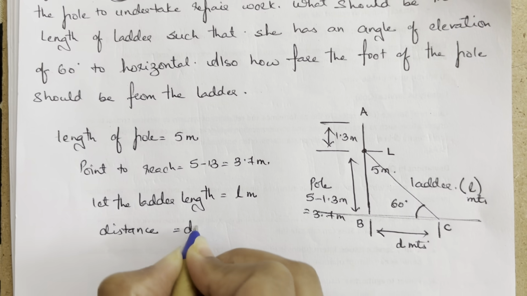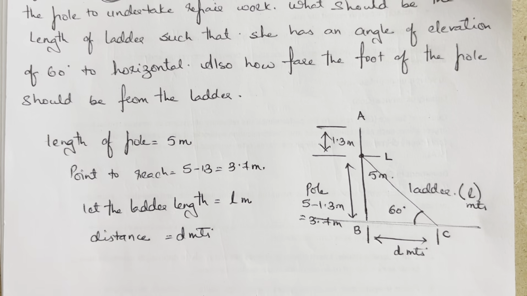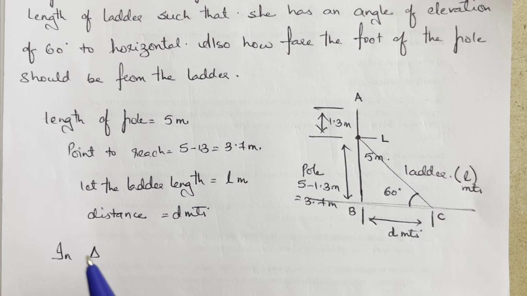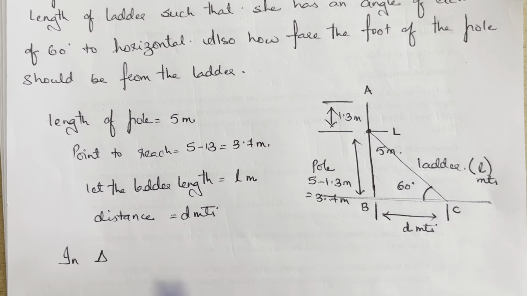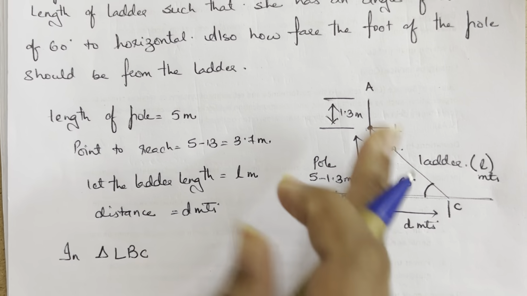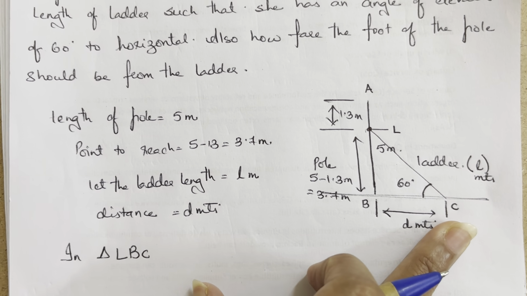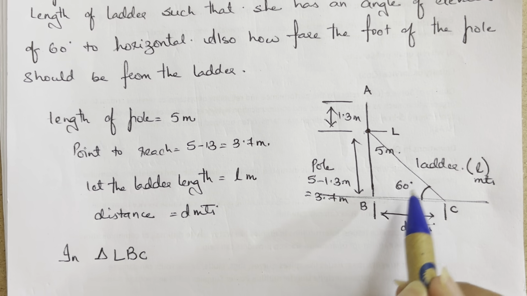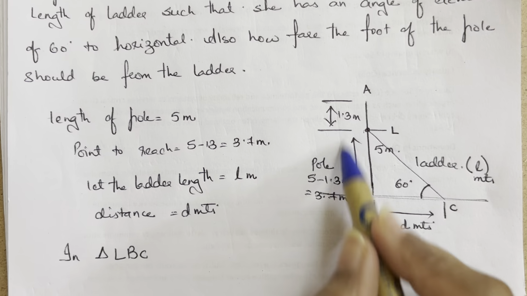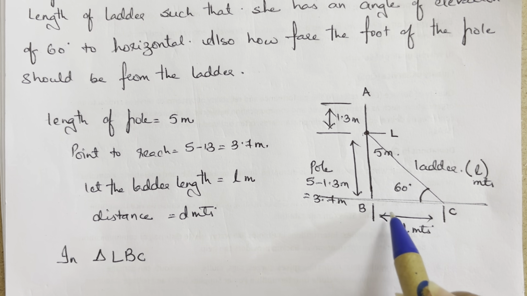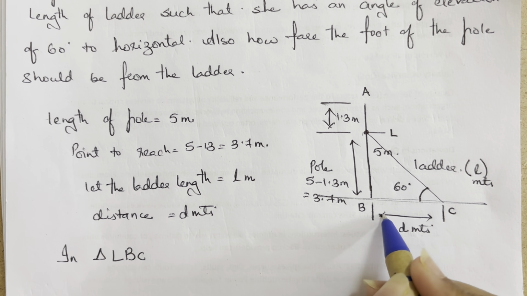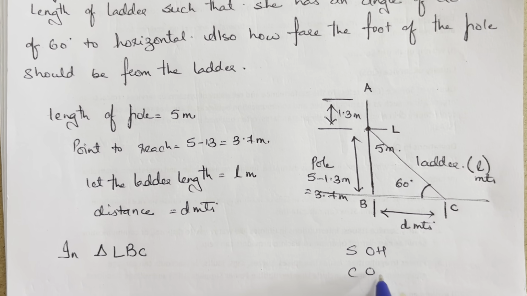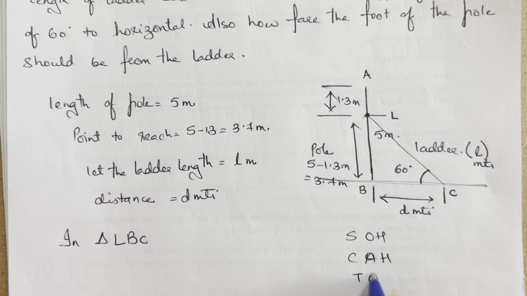Okay, now after I've written down all the information, in triangle, now what triangle am I going to take? LBC. Why not A? Because it's not reaching up to A, it's only reaching up till L. So LBC is the triangle. Now I have to find this length, I know, which is 3.7, and I can go with finding D or L. I have sine, cos, and tan.